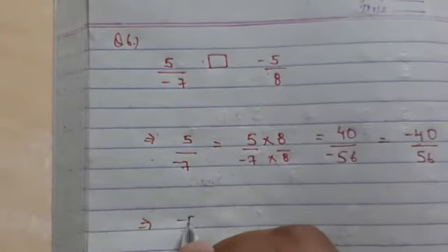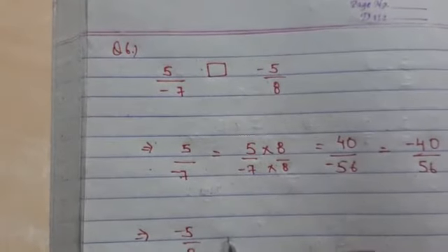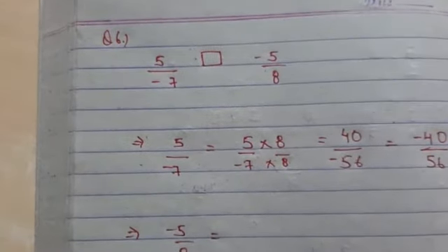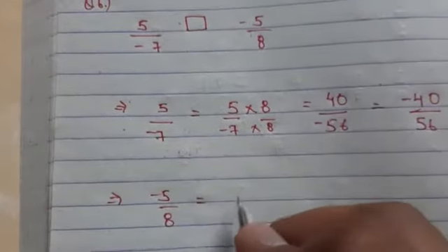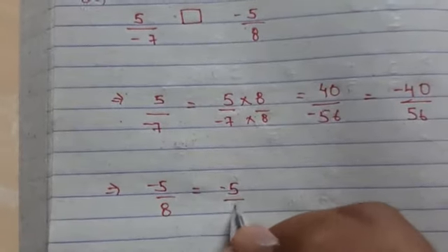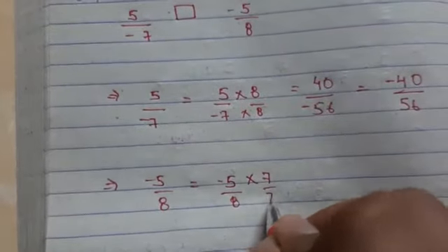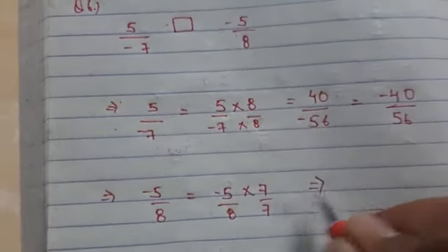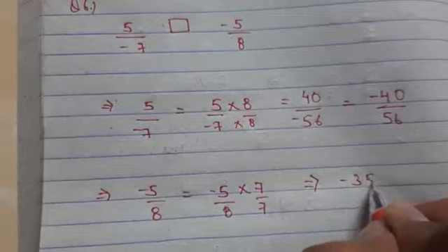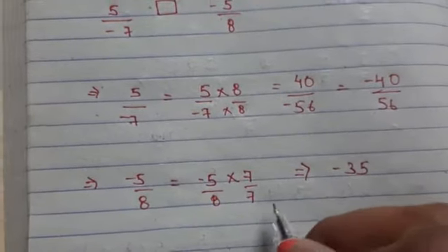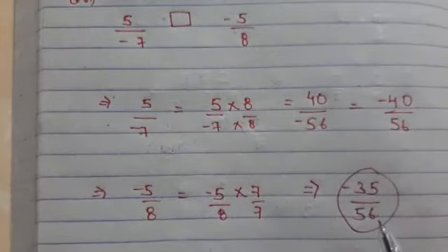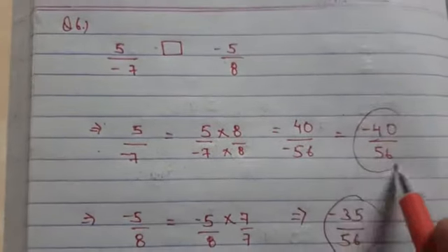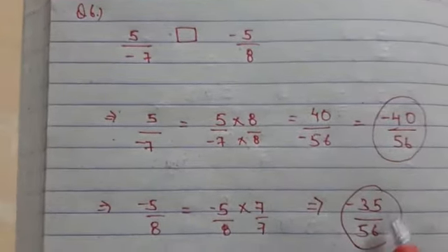Similarly, for minus 5 upon 8, 8 into 7 is 56. So minus 5 upon 8 into 7 upon 7: 5 into 7 is 35, and 8 into 7 is 56. Now this is minus 35 upon 56 and this is minus 40 upon 56, both denominators the same.